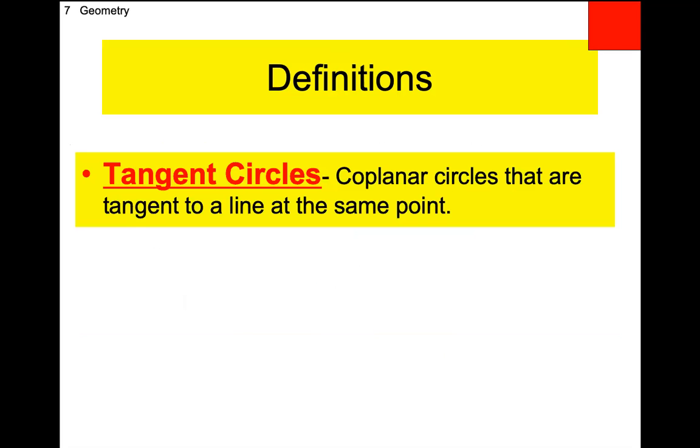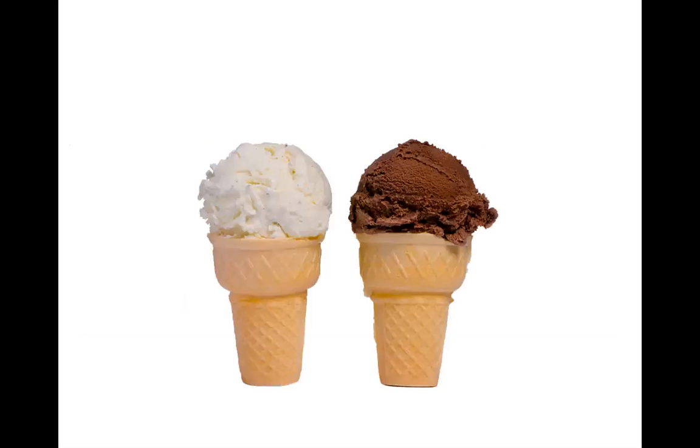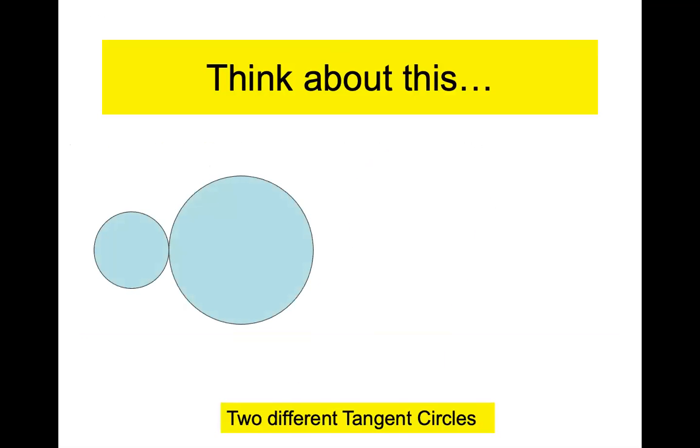For instance, 2 flavors again, that construction or that construction. The other one was called a common internal tangent. These are called tangent circles. The 2 flavors have words that are just too close to this.